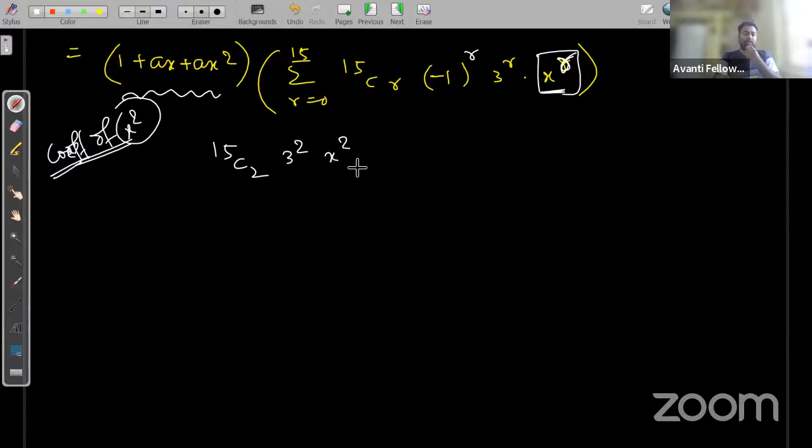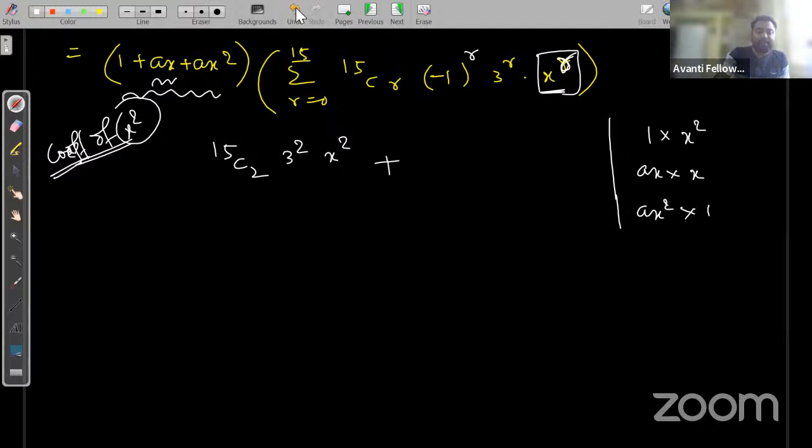Then plus, we multiply ax with this expansion also. To get x square, what are the possibilities? 1 into x square, then ax into x, then bx square into 1, right? This must happen.